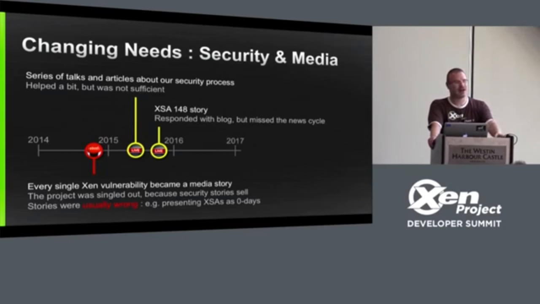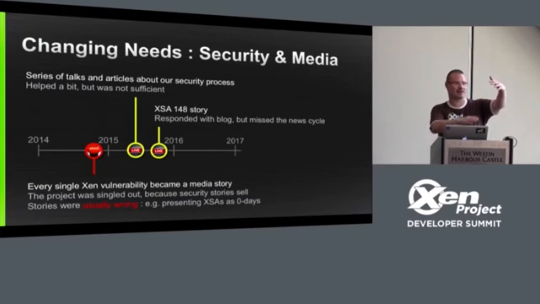So what we're now doing, together with the PR team at the Linux Foundation and with the security team, is that when we think something could be problematic from a press perspective, we prepare a number of statements, like a FAQ.